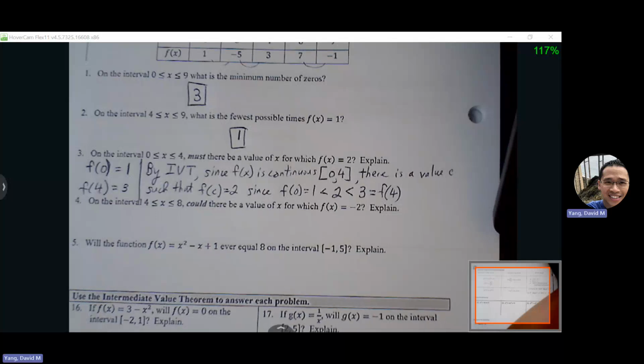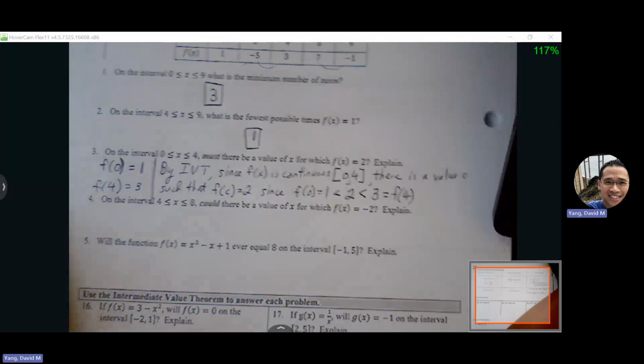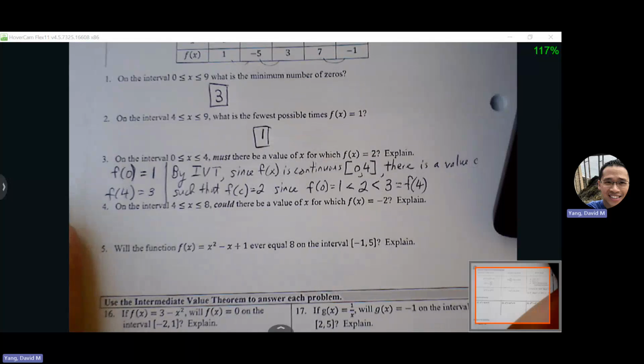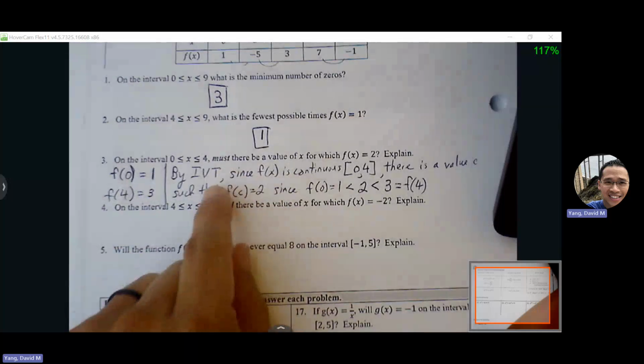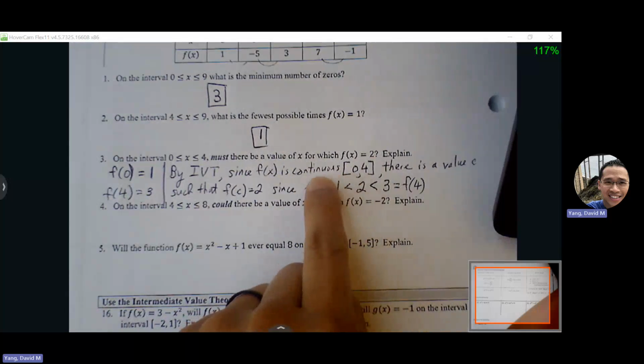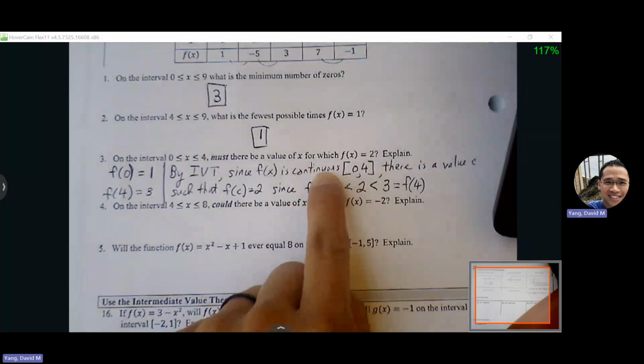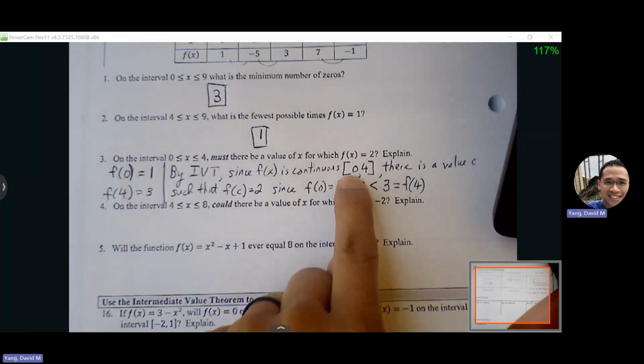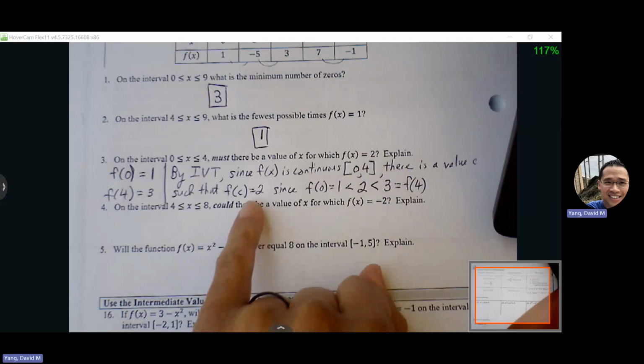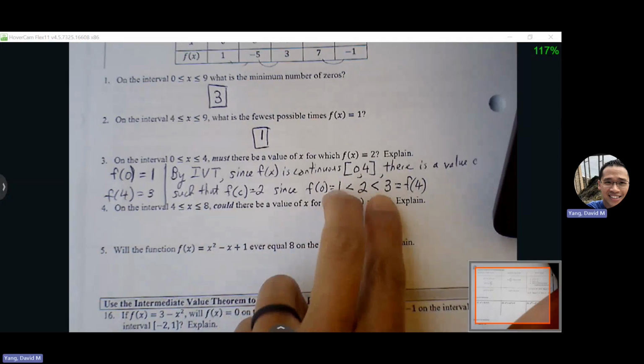Now, there are other ways that you can write this out, but this is, I think, the most efficient way of getting full credit on the AP exam. We want to establish our condition that our function is continuous on a closed interval. And we want to specify that we can reach our target because our target is between our endpoints.